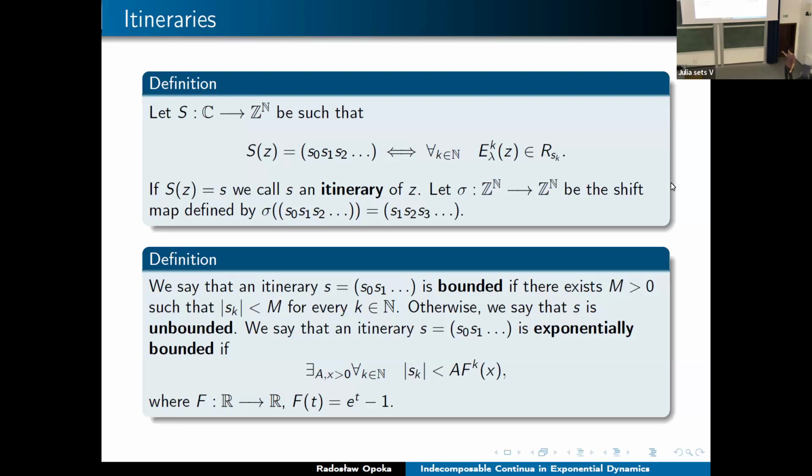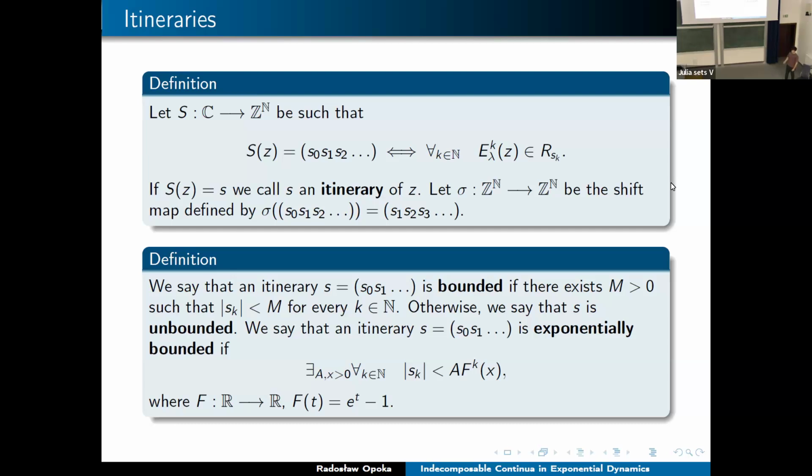We say that the itinerary is bounded when the sequence is bounded. Otherwise, we say that this itinerary is unbounded. And we define a special subset of itineraries, which we call exponentially bounded itineraries. We define the function F of t, which is the real function e to the t minus 1.